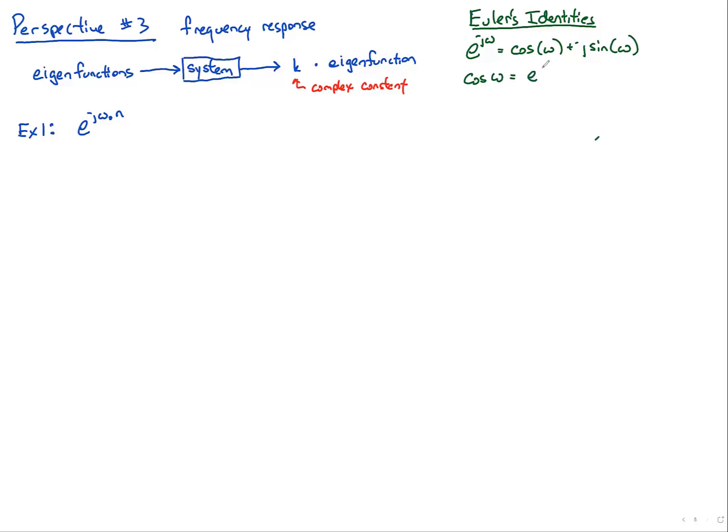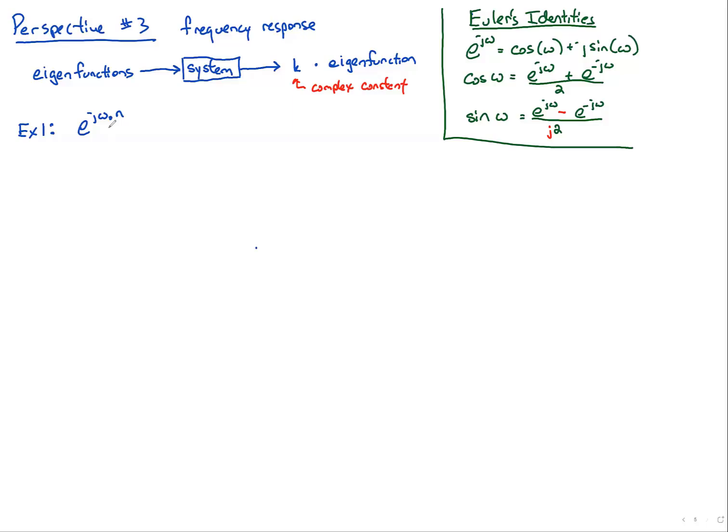The first is at omega, and the second one is at minus omega, and you just need to divide by 2. And there's something very similar for sine of omega. It looks almost the same, except we're going to divide it by j2, and we're going to subtract. Okay, now that we've got the Euler's identities, let's go back and talk about this complex exponential.